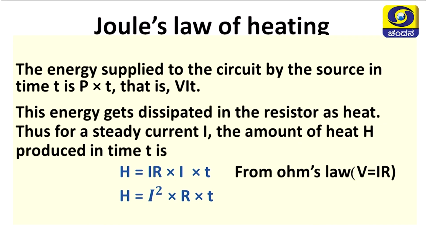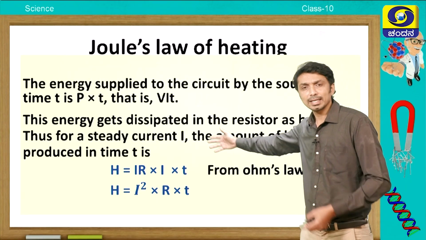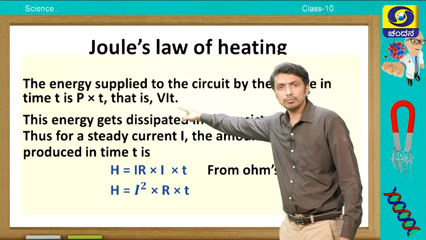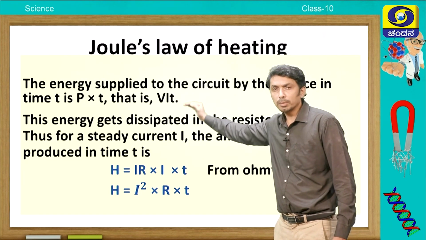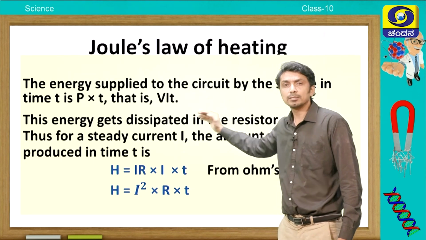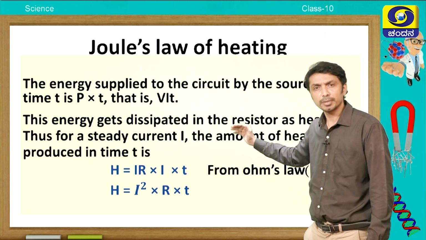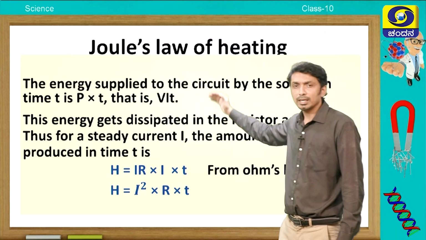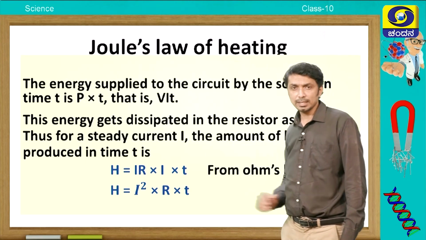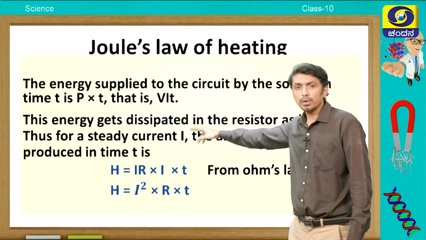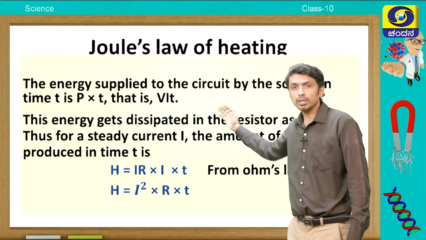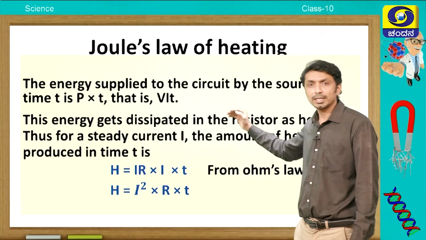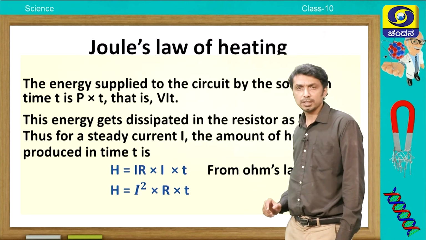That means if you supply more electrical energy, that is V into I into T, more electrical energy will result in more heat being produced, as it is a circuit with resistances. So now the entire electrical energy will get converted, or dissipated, into heat energy.